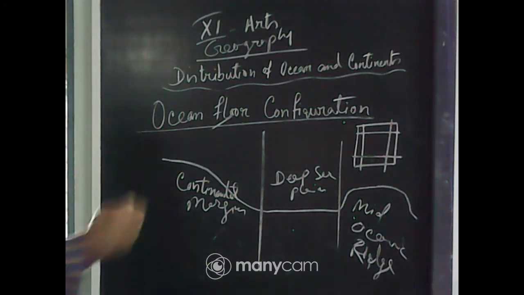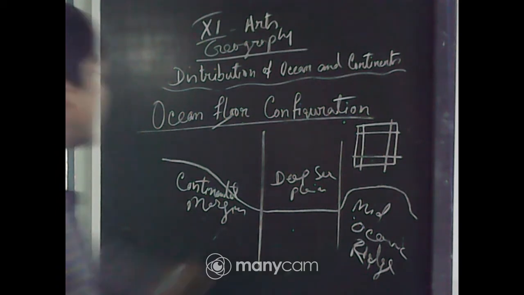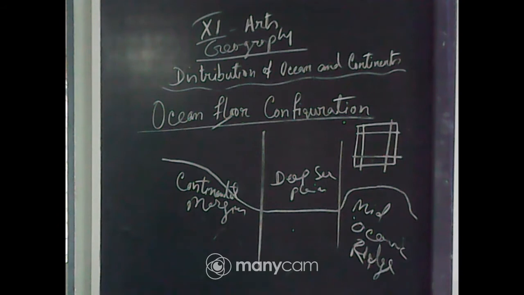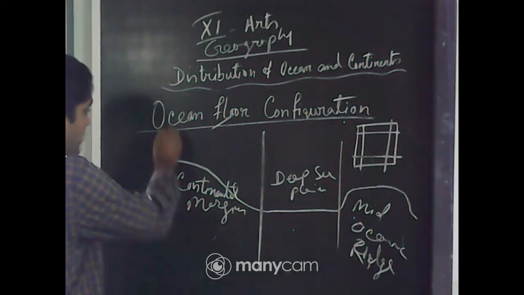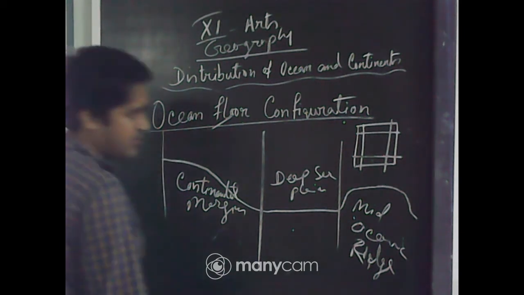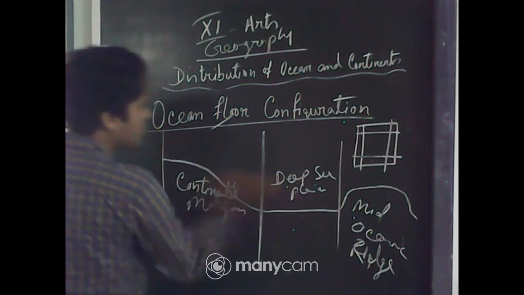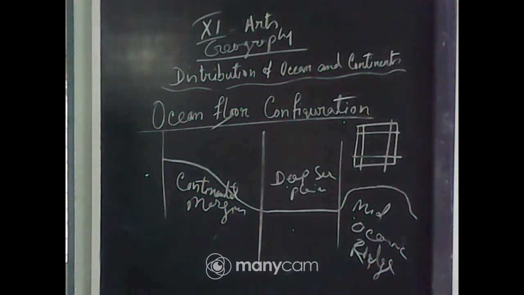The end part of the continent and the beginning of the ocean is the continental margin region. So, this forms a transition between the continental shore and the deep sea plain. Continental shore means the last part of the continent, and in between these two regions, this is the continental margin.